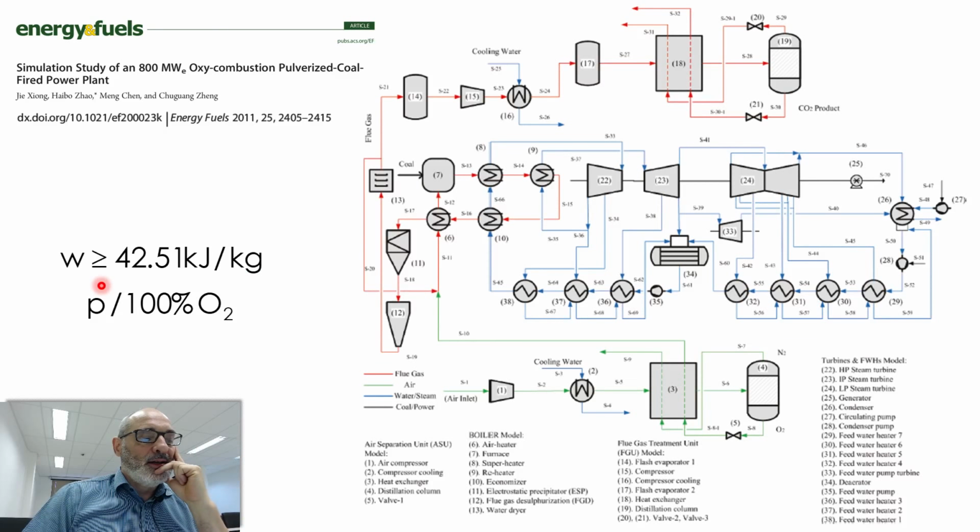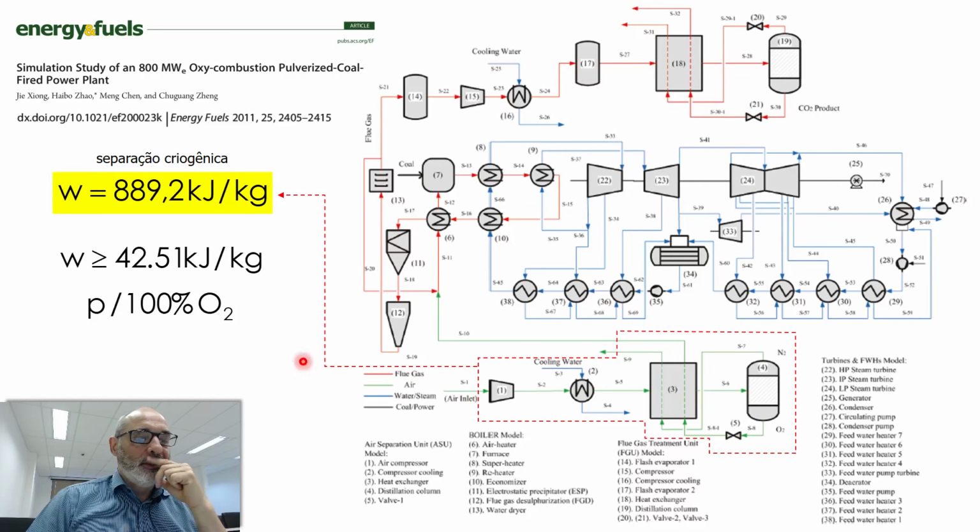We know that a perfect process would expend 42 kilojoules per kilogram, and these guys here did some inventory and got this number. This cryogenic separation process is actually consuming one order of magnitude higher, 889 kilojoules per kilogram.